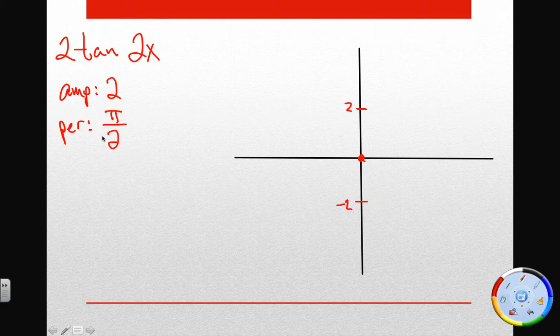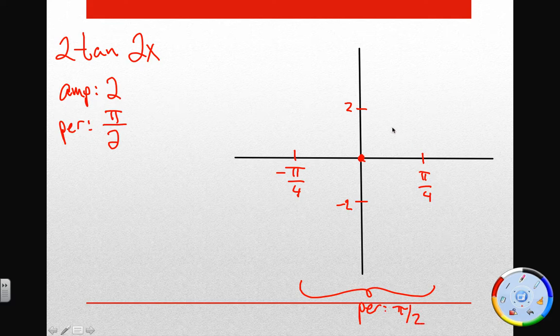So my period is pi halves. Half of that is pi fourths. And half of that is negative pi fourths. So notice the distance between these two numbers is 1 full period of pi halves. This is where your 2 asymptotes are going to come in.